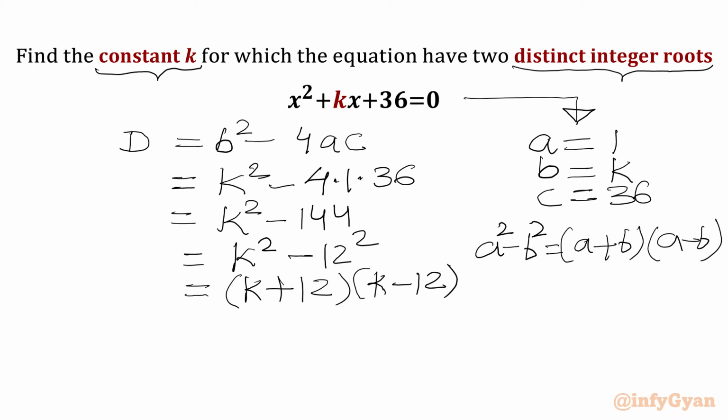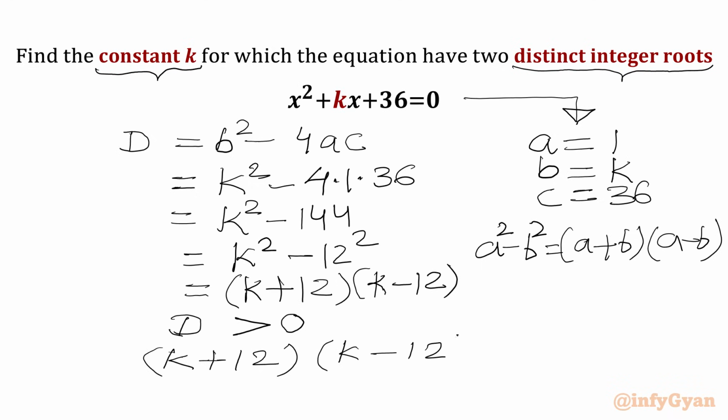Now for roots to be distinct and integer, the condition on the discriminant is that it must be greater than 0. It cannot be equal to 0, otherwise roots won't be distinct. So D must be greater than 0. We write k plus 12 times k minus 12 should be greater than 0.